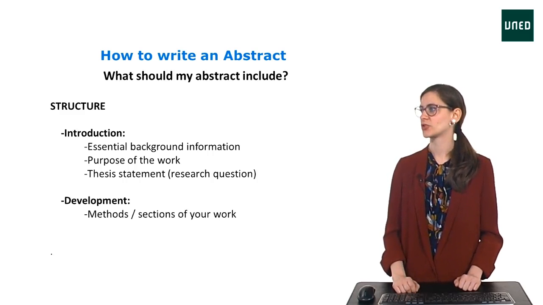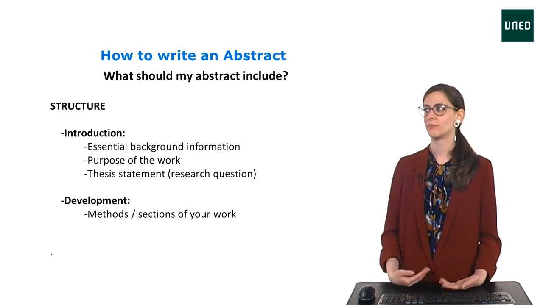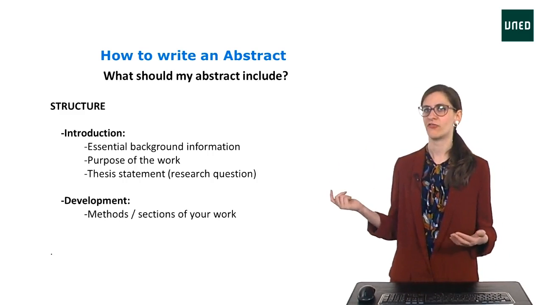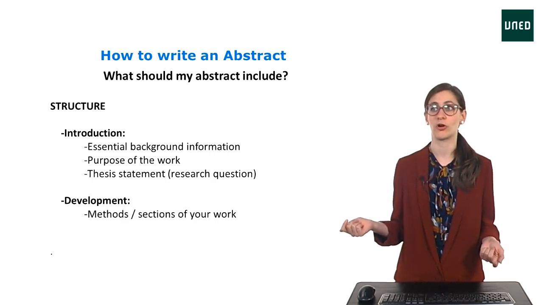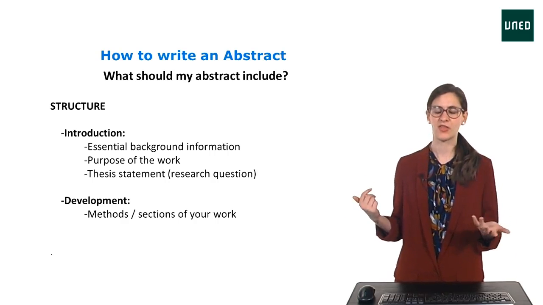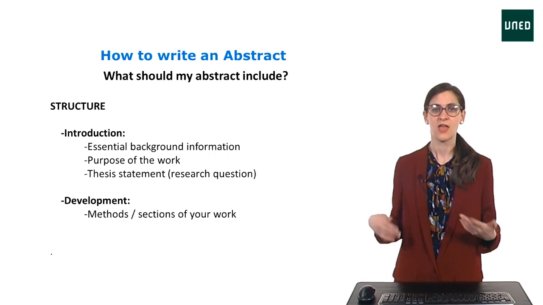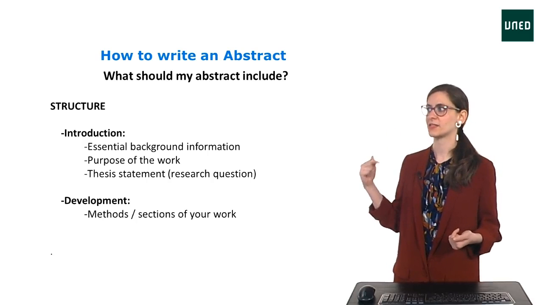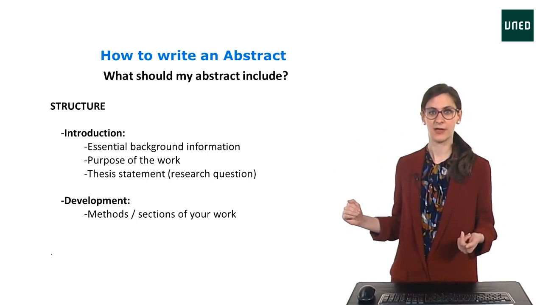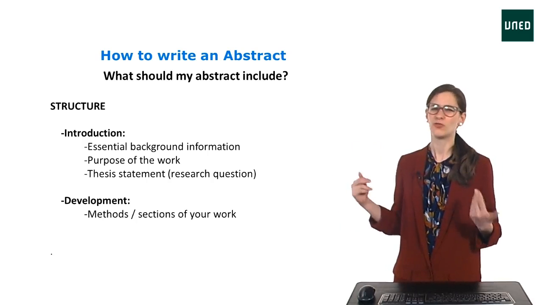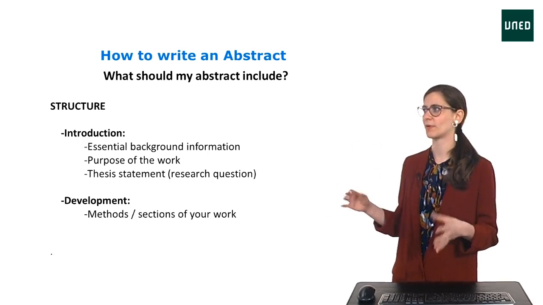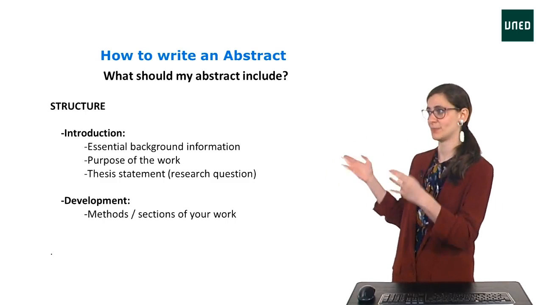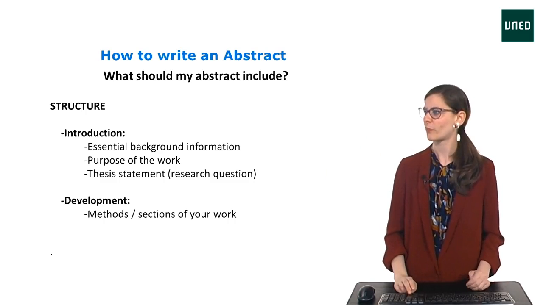Then in the development section, usually we'll find some explanation on the methods or in the sections of the work. Imagine you are writing an abstract for your MA thesis, and your MA thesis has, let's say, 4 chapters, then in the development section of your abstract, you'll devote 1 sentence for each chapter to explain each chapter, not more than 1 sentence, because remember that an abstract has to be very concise and it has a very limited word count, okay?